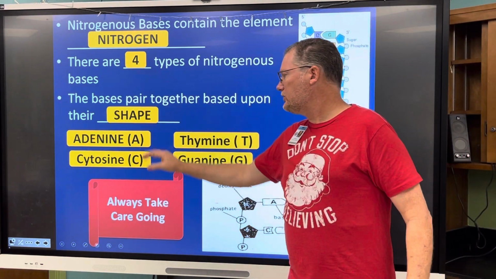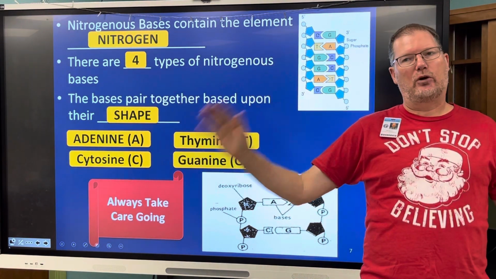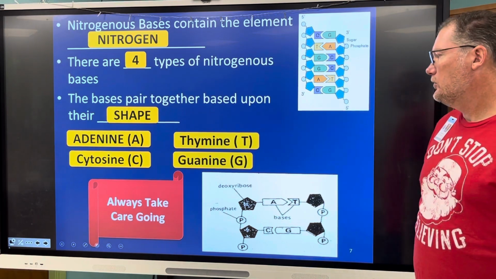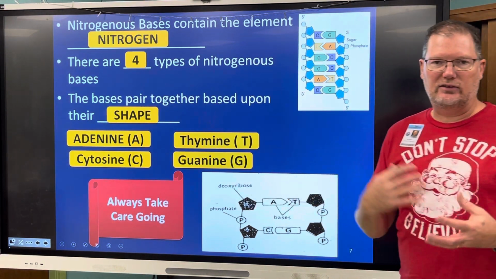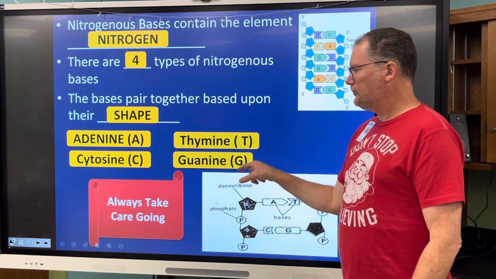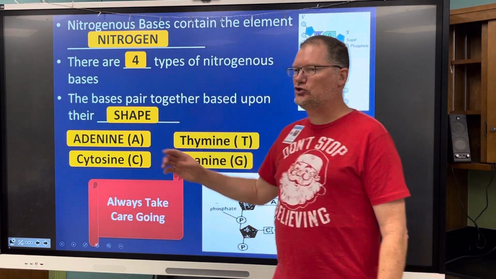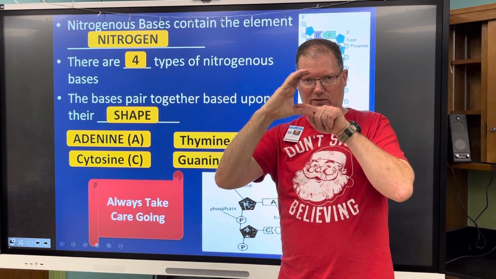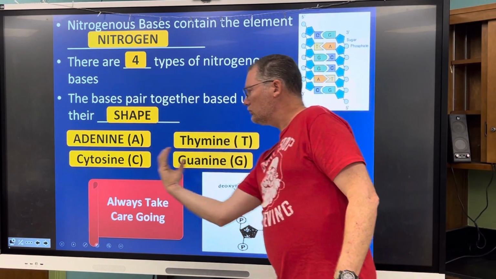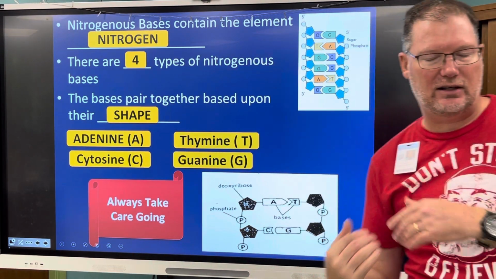But always take care going is what I came up with, and it works, okay? So A and T, C and G. You could also do like C and G are shaped like this, so you could remember them that way as well, that they go together, not with A and T.